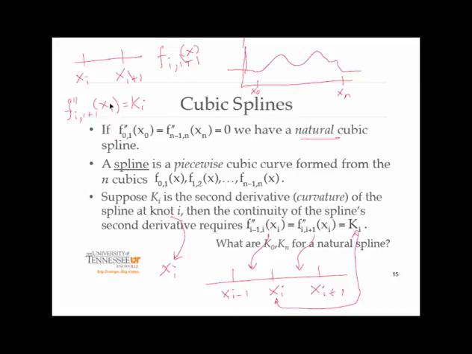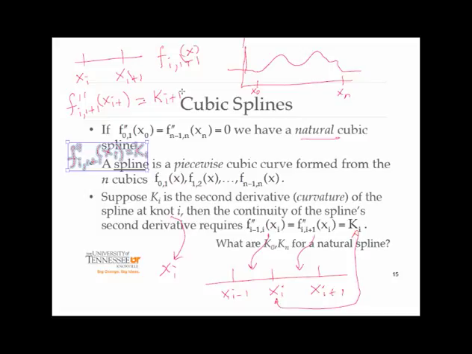And then when we plug in x_{i+1}, in other words, when we change this value right here, we also want f double prime of this function, f_{i,i+1}, at the endpoint of the subinterval, x_{i+1}, to produce the k_{i+1} curvature.